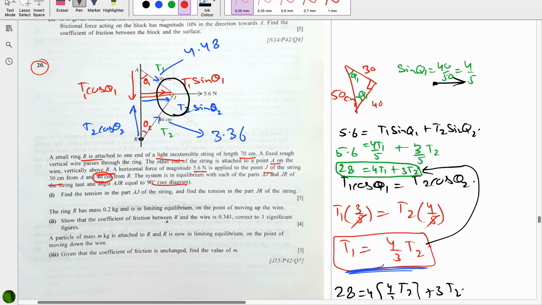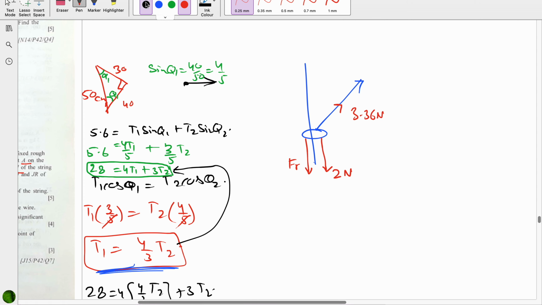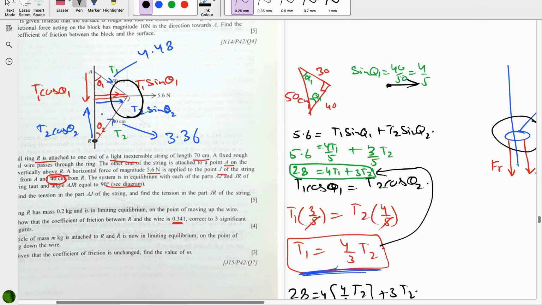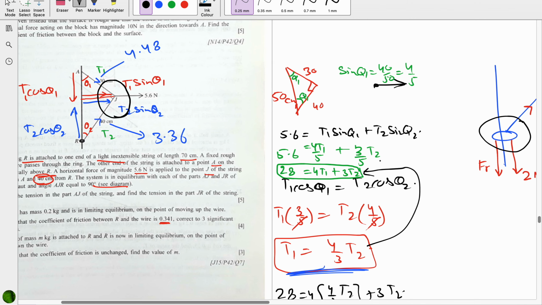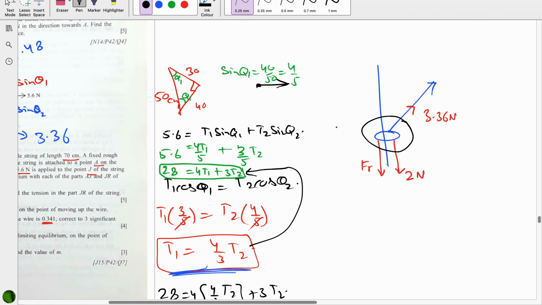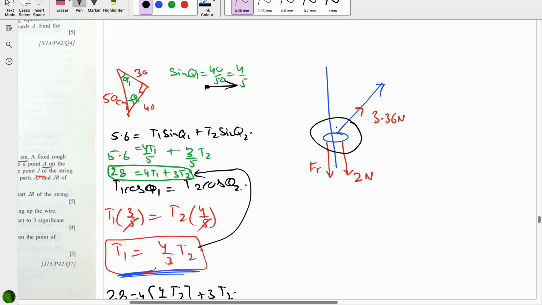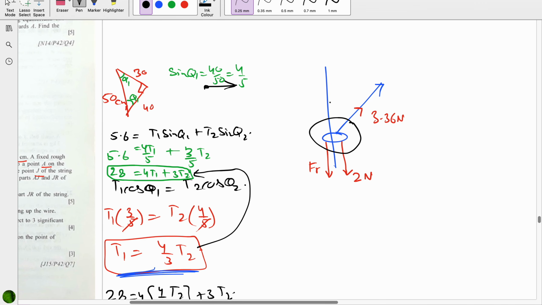Show that the coefficient of friction between R and the wire is 0.341, correct to 3 significant figures. Now we are solving this junction. So when we solve this, we can resolve 3.36 vertically and horizontally. If you wish to use these values, it is already split in components, but I'll do it again just so I don't have to scroll back.